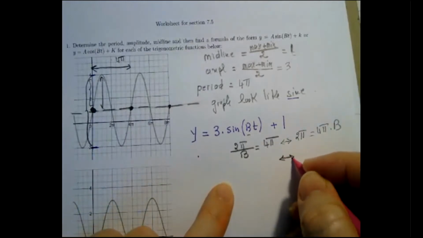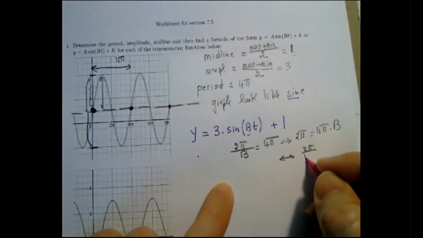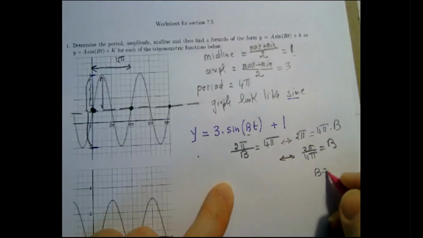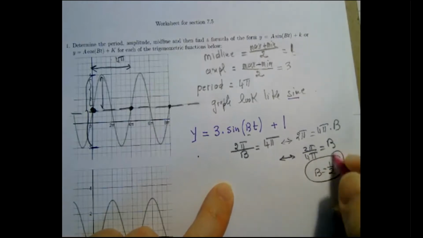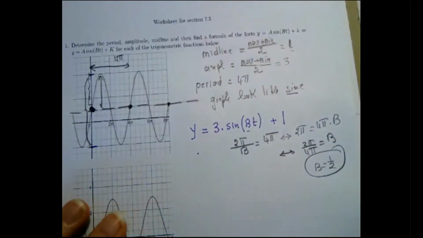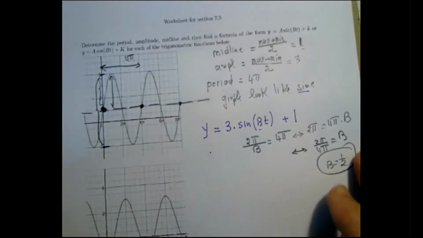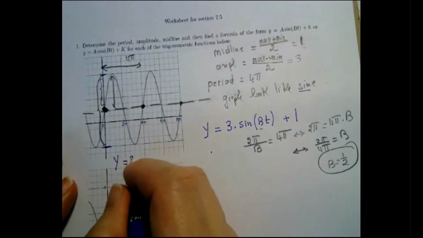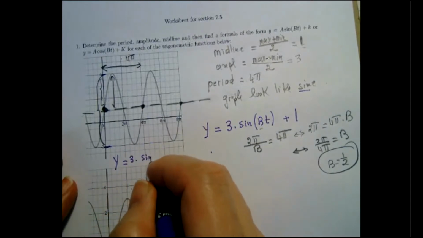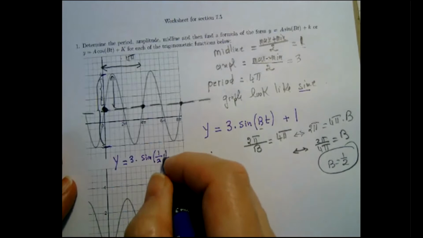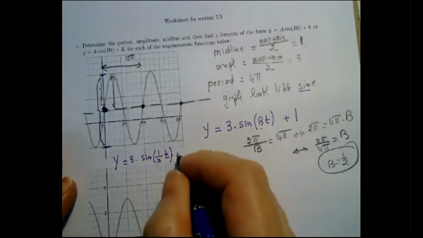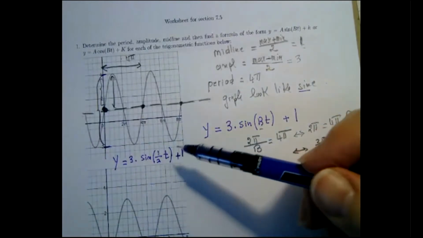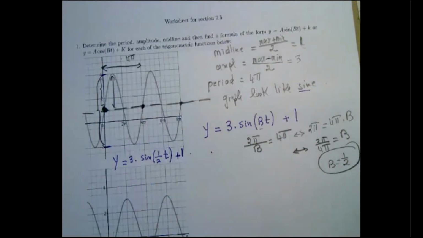Divide by 4 pi, both sides, and that gives me 2 pi over 4 pi equal to b. It means my b is a half. So my function will be 3 sine of 1 over 2 t plus 1. Take this function, graph it, you get exactly what we have.